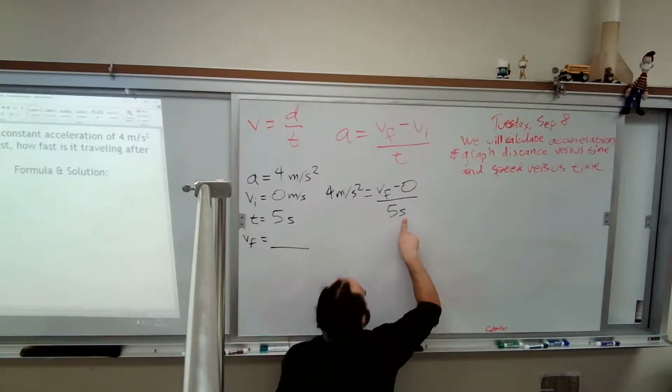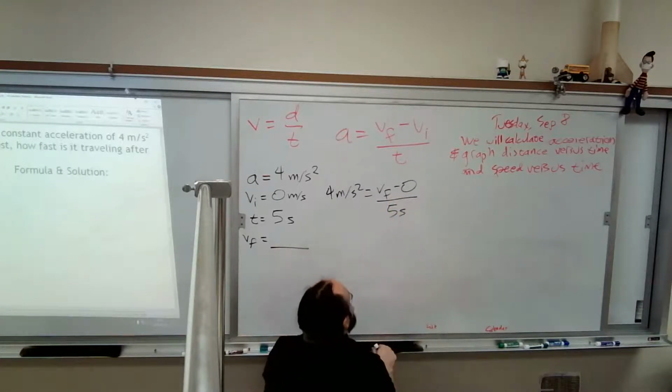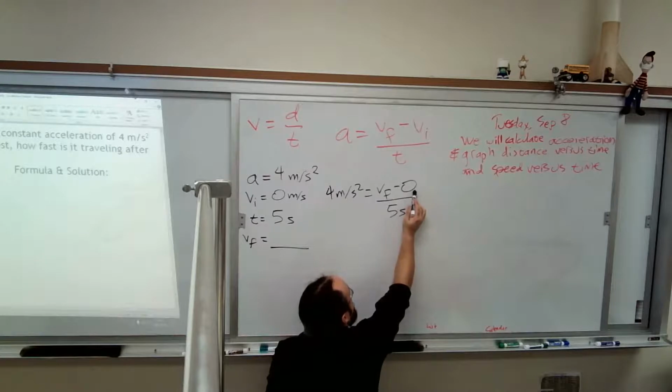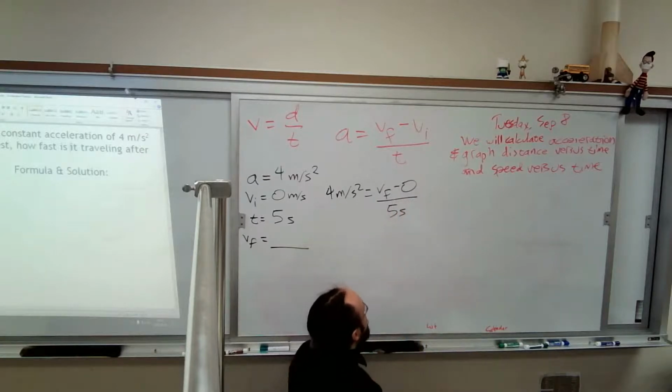All right, so we need to get VF by itself. The first thing we need to do is get rid of this 5. If this were a number up here, we shouldn't add it to both sides first because it's still technically a fraction. Like it's VF over 5 minus 0 over 5 right now.